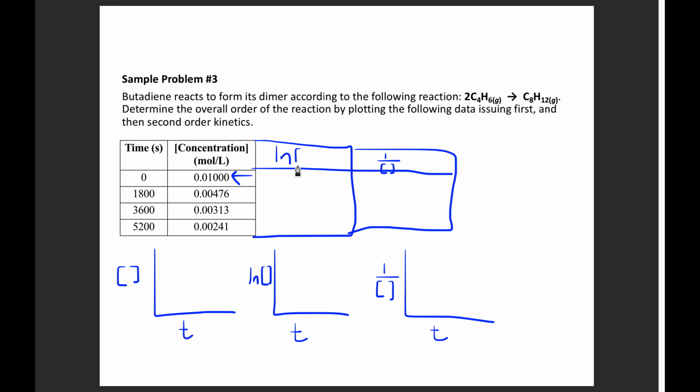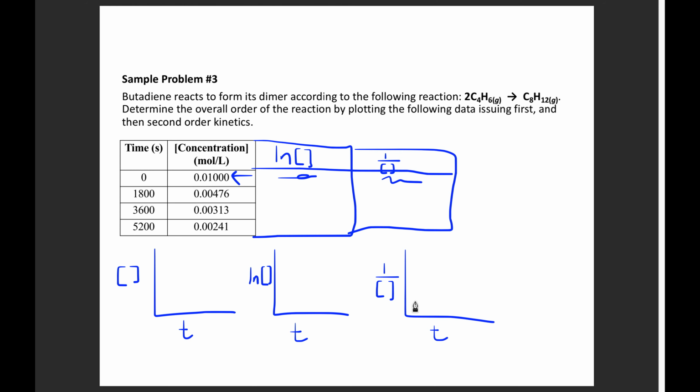So the natural log of the concentration is going to be natural log in your calculator. You're going to plug in natural log of 0.01, hit enter, and that's going to give you an answer. And then right here is where you're going to write your answer. Then you're going to do 1 over this value, and write your answer right here. And then you go to the next one, do the natural log, plug in the number, get your answer, and so forth.